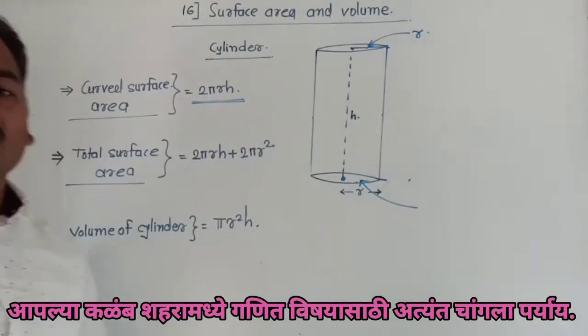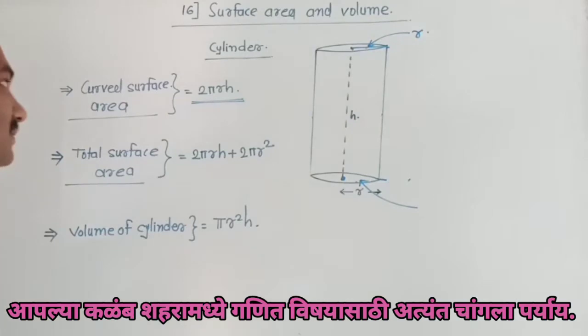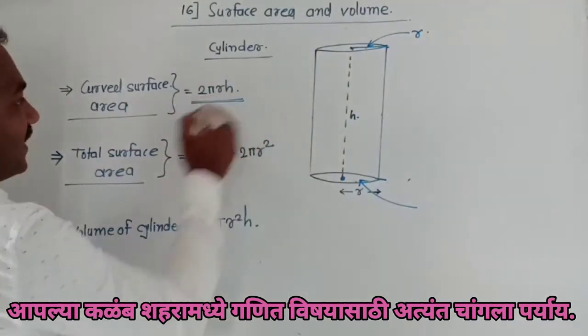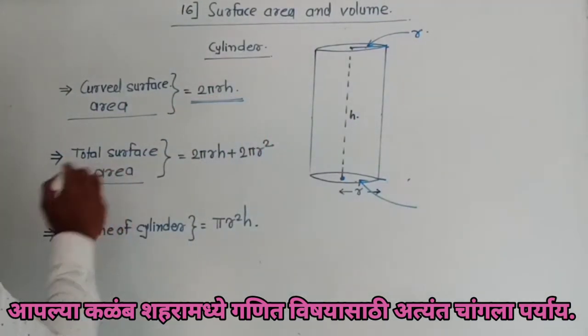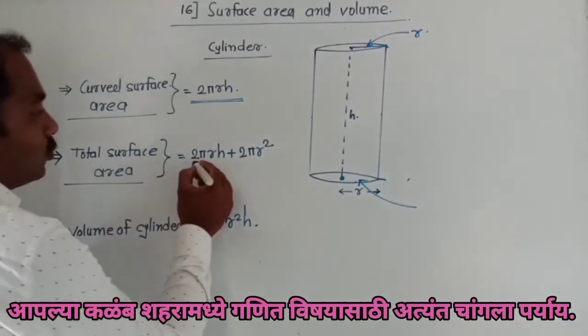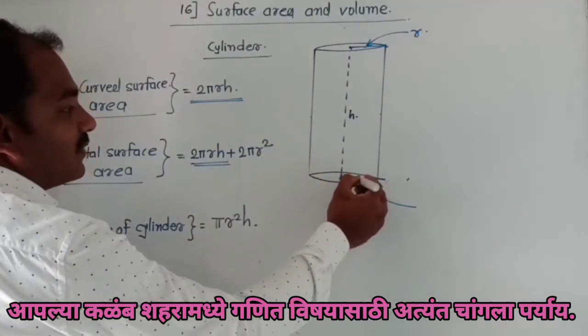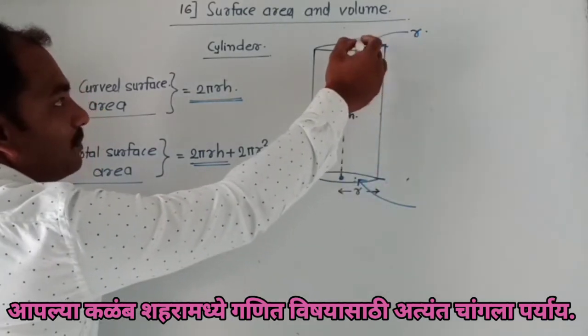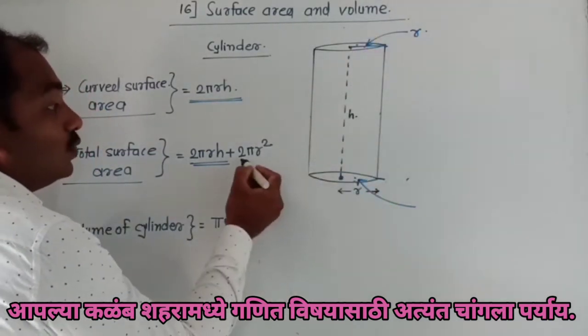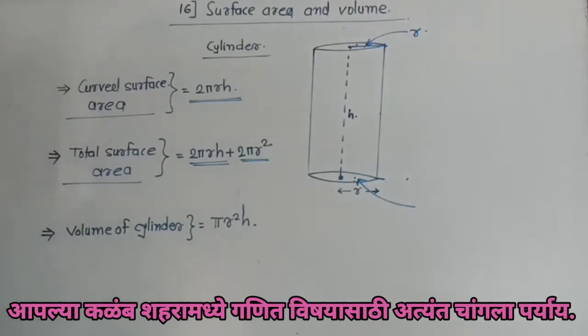This is the curved surface area of the cylinder, 2 pi r h. Now the total surface area is 2 pi r h, the curved surface area, plus the area of this circular face and this circular face, that is pi r square, 2 pi r square.